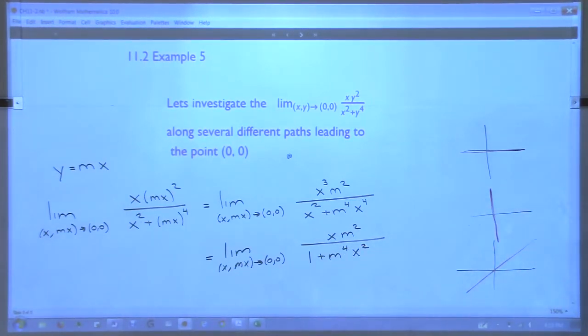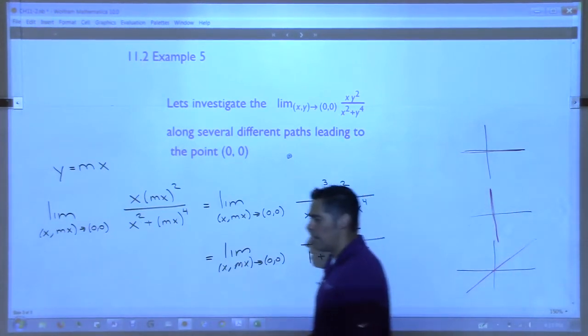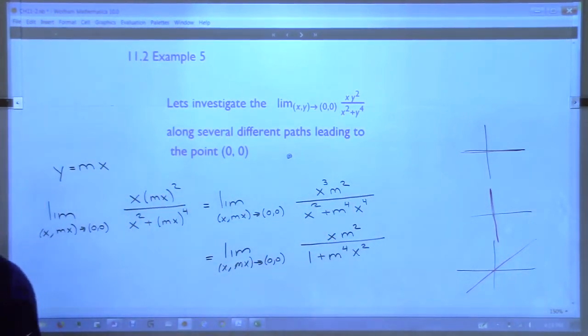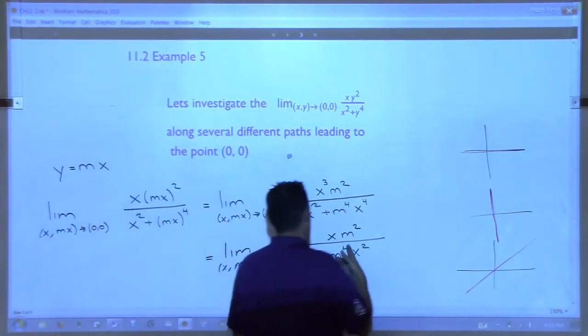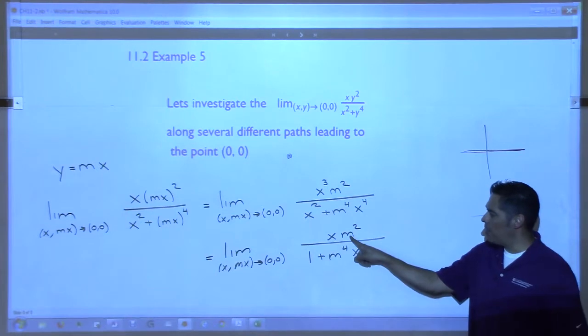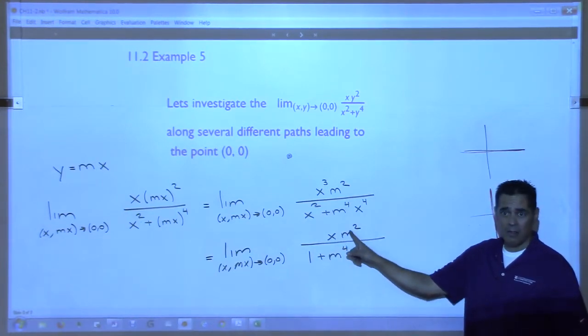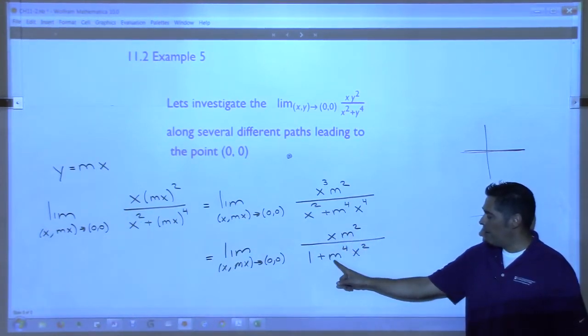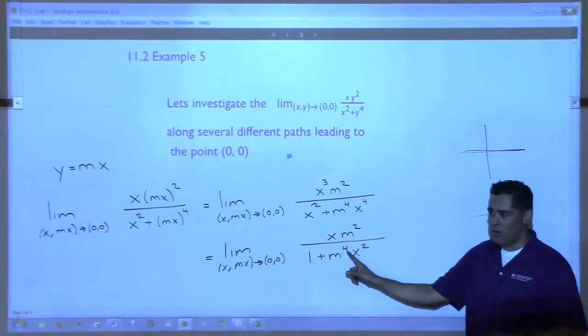My hope is that there's some value that I can choose for m that will make this thing go to somewhere other than 0. But there's nothing I can choose. Look at this. No matter what value you pick for m, if x goes to 0, that's going to 0. And no matter what m I plug in here, this thing's going to 0.